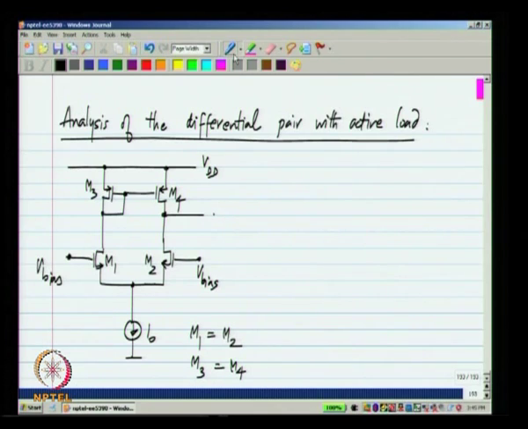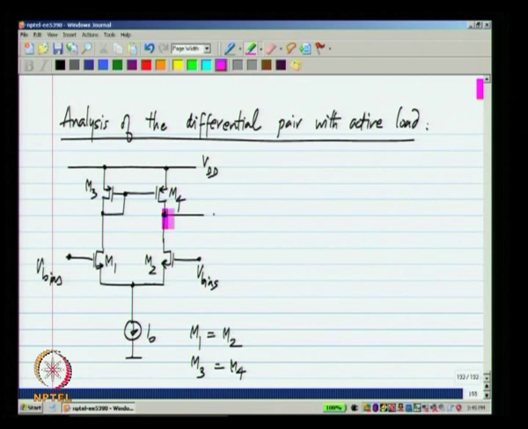Now, first let us start with the quiescent condition, that is we have only a V bias applied to the two sides and we have a tail current I naught and the transistors are exactly identical. In this case, we do not assume any mismatch, we assume that the transistors are perfectly matched. Now, the question is, what is the output voltage going to be? This is the output of my differential pair transconductor. So, what is this V out?